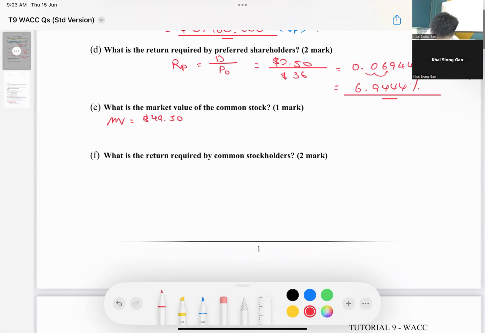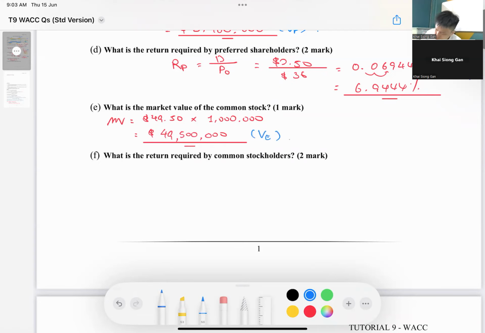Wow, it's all big figures, huh? So therefore this is the value for the common stock.